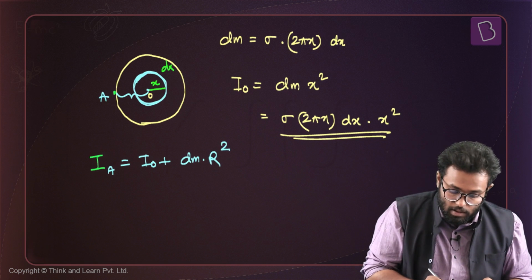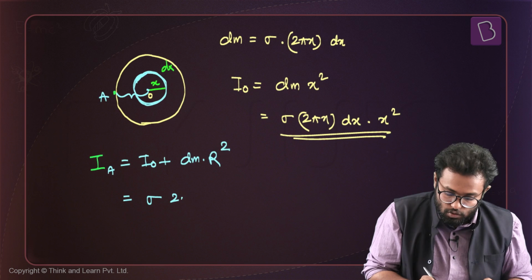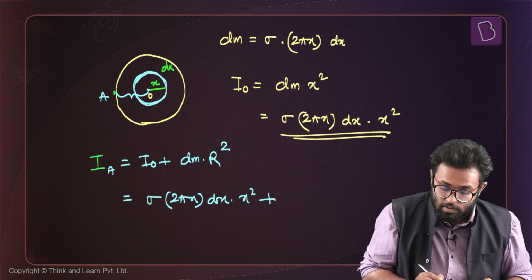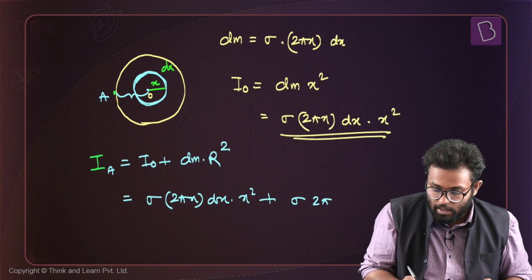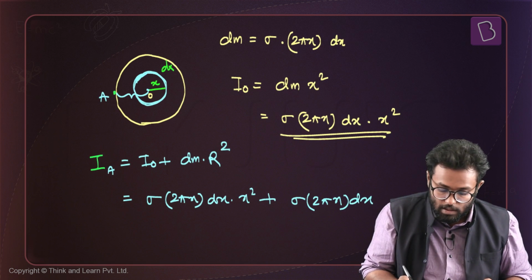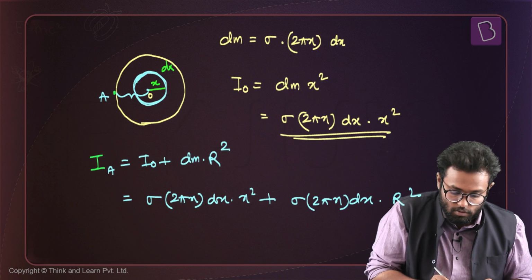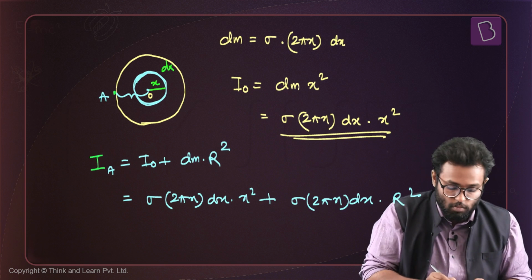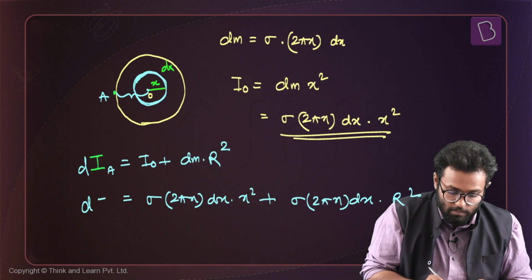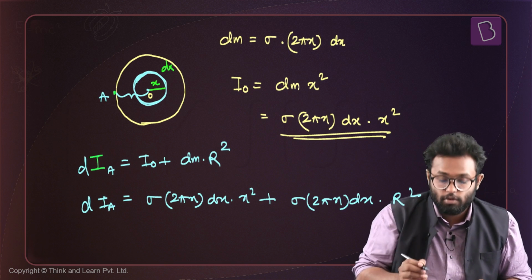Simple. Now here I naught I have found to be sigma 2 pi x dx times x squared, plus dm, which is sigma 2 pi x dx, times r squared. That will give you the small I_A. Basically this is for the small element, so I can write it as dI_A. You know what's going on there.